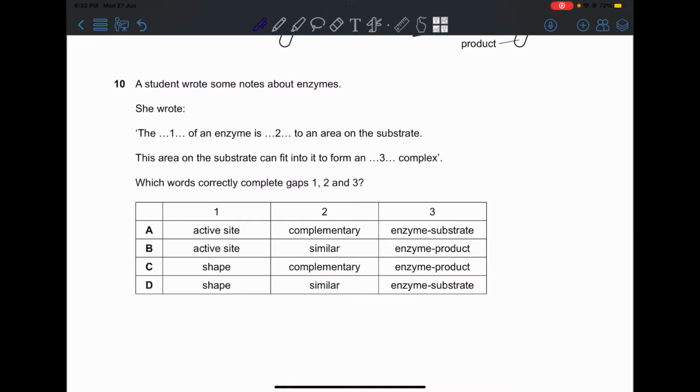Number 2 is, of course, going to be complementary. And 3 is going to be enzyme substrate complex, because we know that it's actually called enzyme substrate complex, and it's complementary, not similar. Don't use the word similar, it's incorrect. And active site of the enzyme, not the shape. So A is going to be our answer.